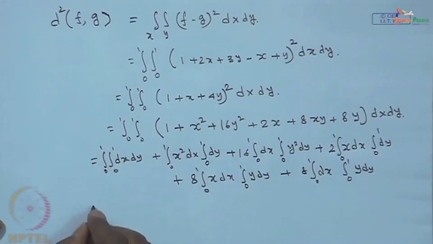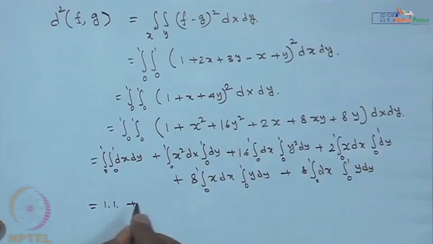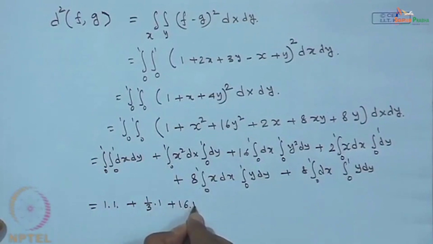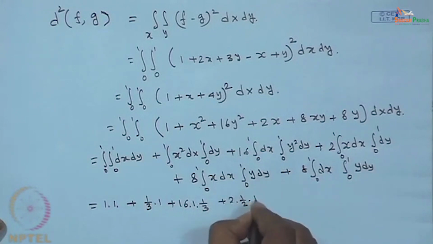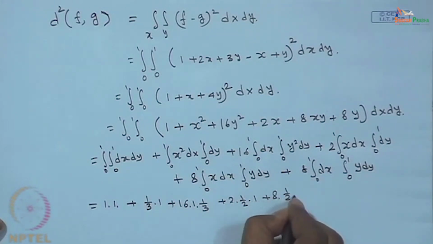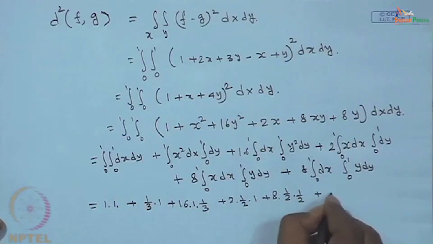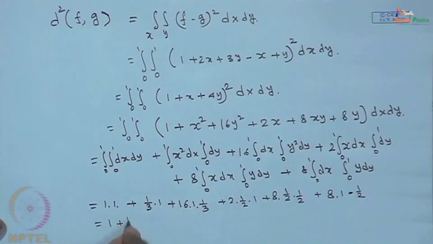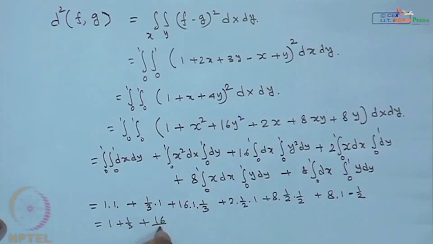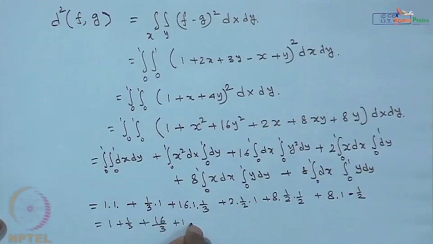So, if you compute all these integrals, this becomes 1 multiplied by 1 plus 1/3 multiplied by 1 plus 16 into 1 into 1/3 plus 2 into half into 1 plus 8 into half plus 8 into 1 into half. So, this becomes 1 plus 1 upon 3 plus 16 upon 3 plus 1 plus 2, then plus 4.